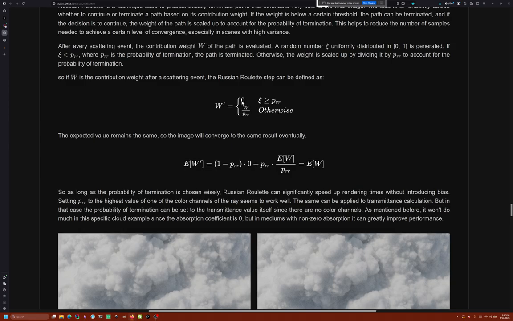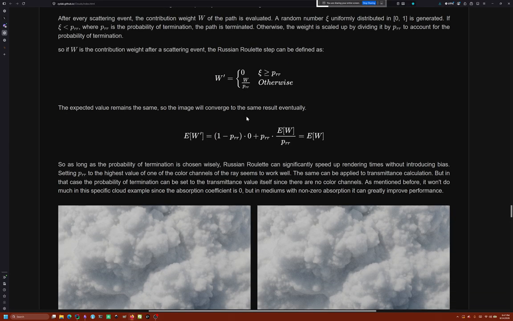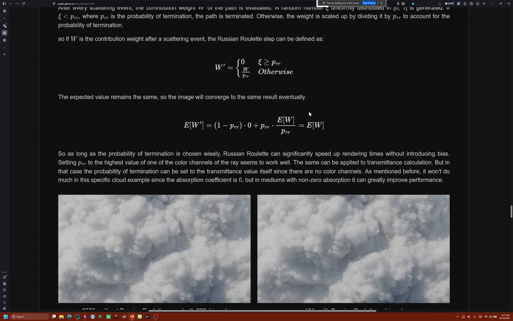It's 0 if you fail this check, terminate. Otherwise, it is scaled up with that term. Expected value remains the same, so the image will converge to the same result eventually.